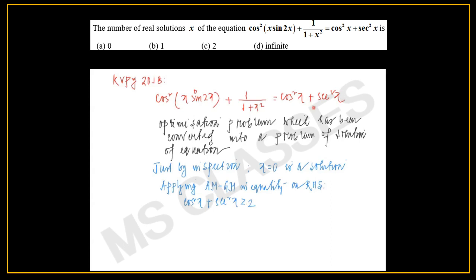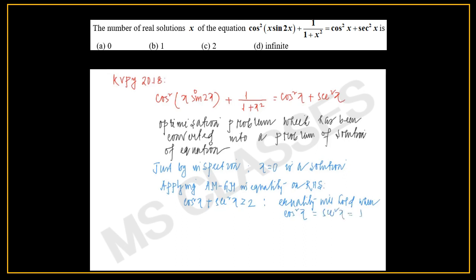And in the LHS part, each term is at most 1. RHS is greater than or equal to 2, and equality will hold when each of the terms is equal to 1, when cos square x equals secant square x equals 1.